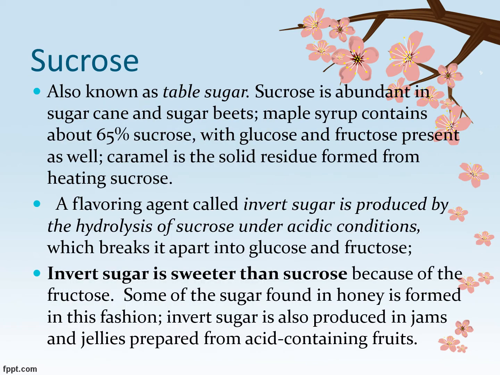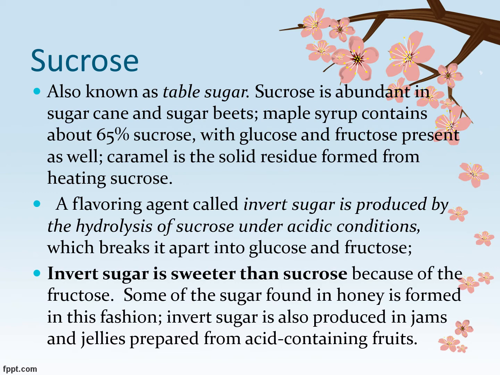Sucrose is also known as table sugar, and it is abundant in sugar cane and also sugar beets. Maple syrup contains about 65% sucrose along with glucose and also fructose. Now, when you heat sucrose, it will form a solid residue, and that is what we call caramel.